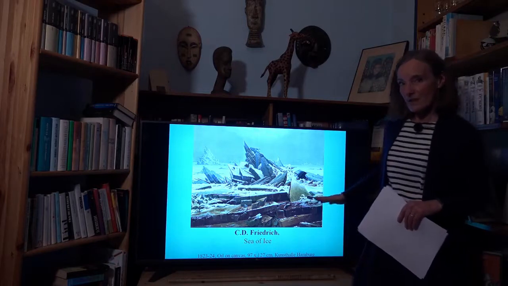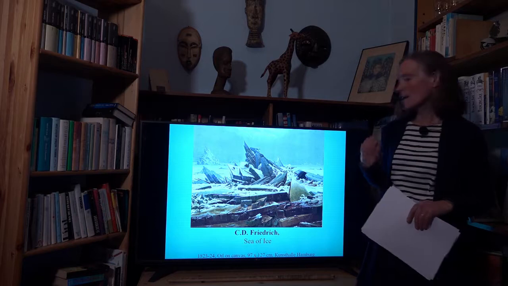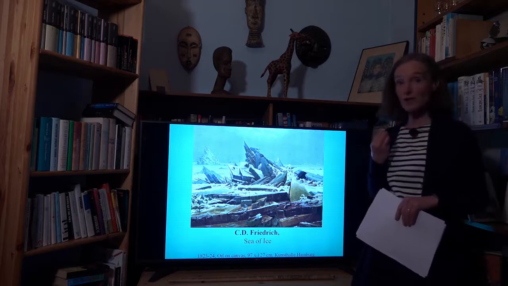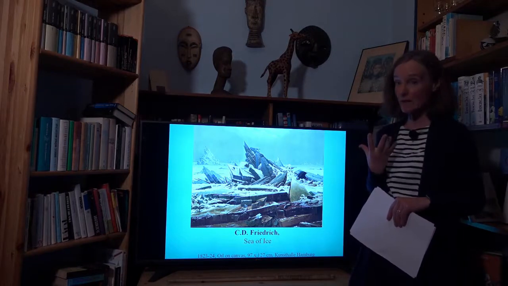Friedrich has never been in the Arctic, but it's an Arctic sea, and he studied accounts, so he was very much taken by or inspired.